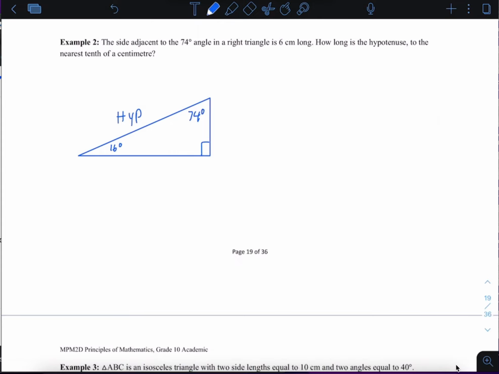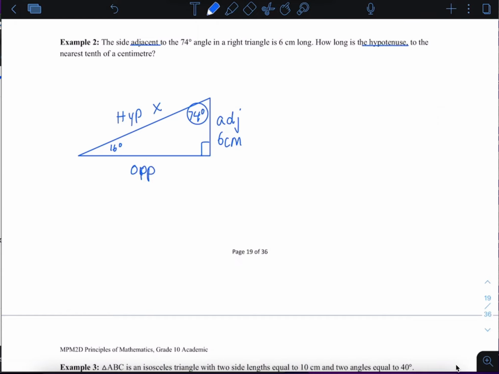So when I'm talking here about the side adjacent to the 74-degree angle, I'm talking about this one. This would be the opposite side, if that's my angle of consideration. So this information is telling me that my adjacent side is 6 centimeters, and x in this case is the hypotenuse.